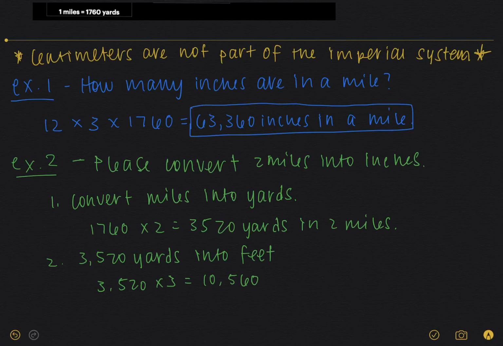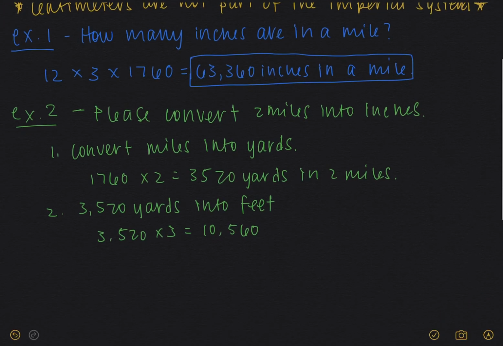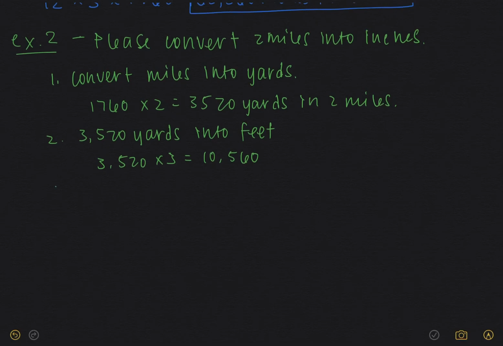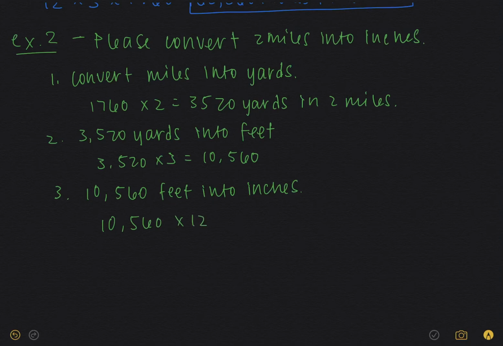And when we multiply that out, that's going to be equal to 10,560. Okay? And now, step number 3 is that we are going to have to get these feet into inches. So we're going to have to take 10,560 feet into inches. And in order to do that, you guessed it, we are going to be multiplying by 12, okay? So we're going to take our 10,560 times 12 because there are 12 inches in 1 foot.